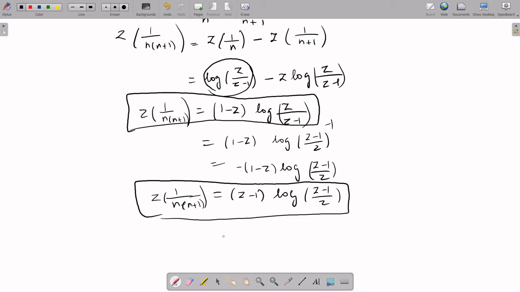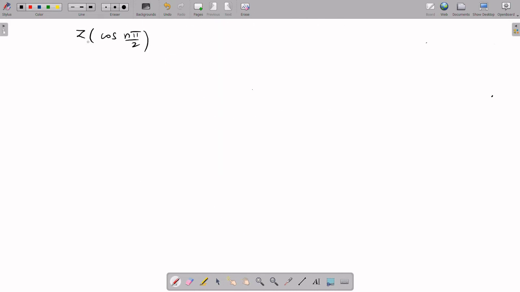Okay. Now, the next problem is the Z transform of cos n pi by 2. You have to apply the definition here. The Z transform of cos n pi by 2 is equal to summation n equals 0 to infinity, f of n, here cos n pi by 2, z power minus n.